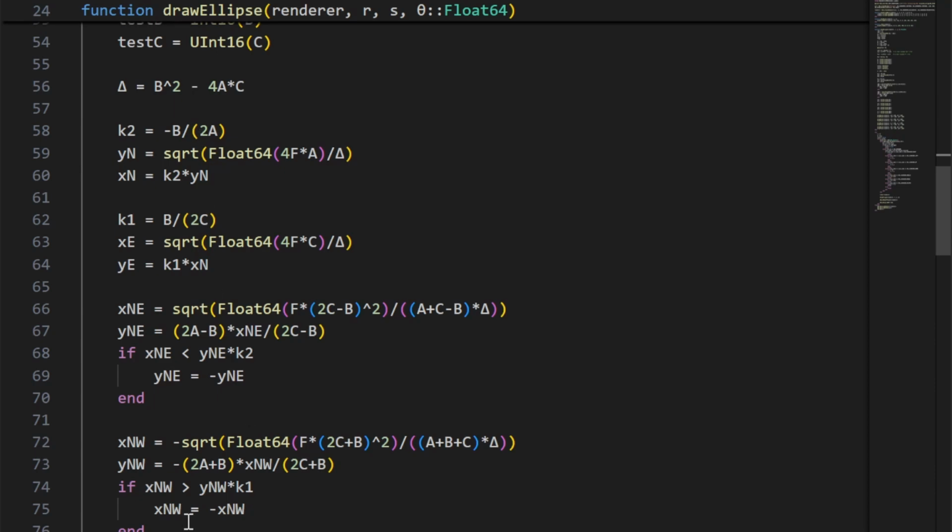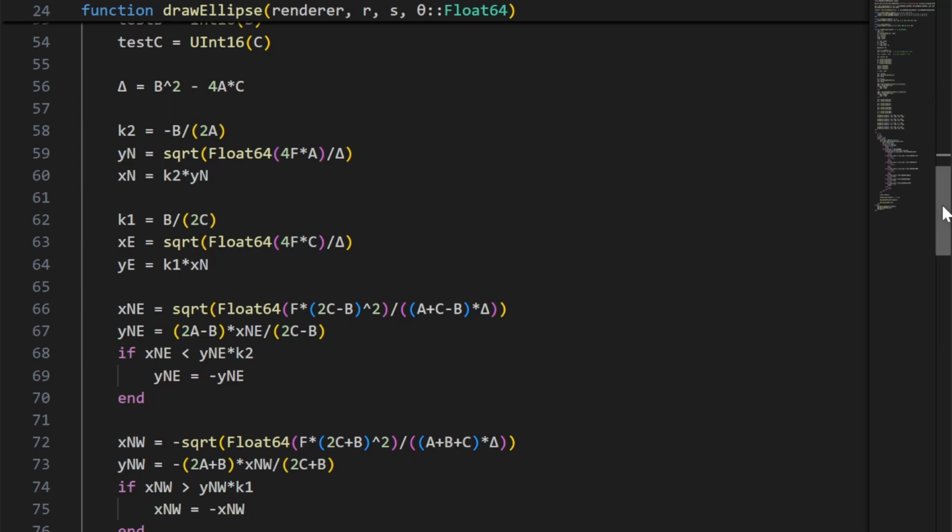But basically these just compute the coordinates of 4 of the points. So the north point, the one at the top of the ellipse, the northeast point at top right, the northwest at top left, and there's also the east point, the one on the right of the ellipse.